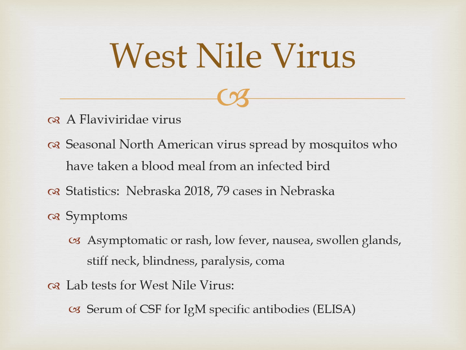Blindness is one of the more serious signs and symptoms. Paralysis and coma are also two more serious symptoms of West Nile virus. The best way to identify West Nile virus is looking at serum or spinal fluid IgM specific antibodies, and you can do that by using the ELISA method.